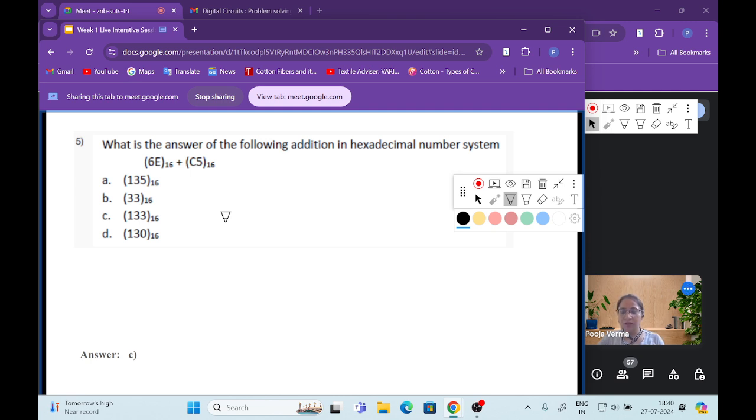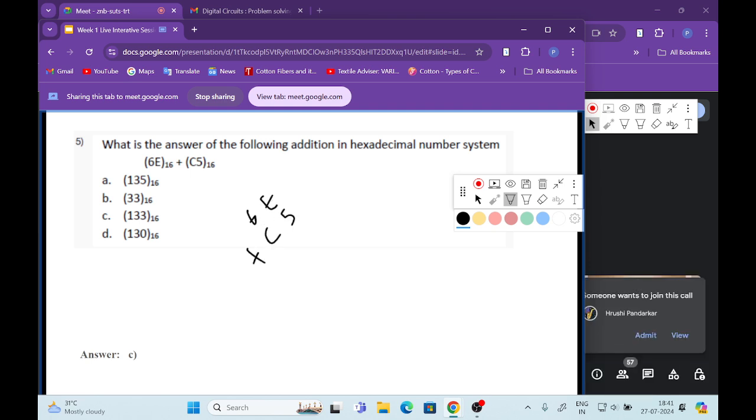First thing, there are two ways: you can calculate directly here, otherwise you can convert to binary, then add, and then convert again to hexadecimal. Okay, so here I am calculating it directly. You can calculate in another way also, by converting this number to binary. If you want, I can show that one also. 6E plus C5. These both are in the hexadecimal number system.